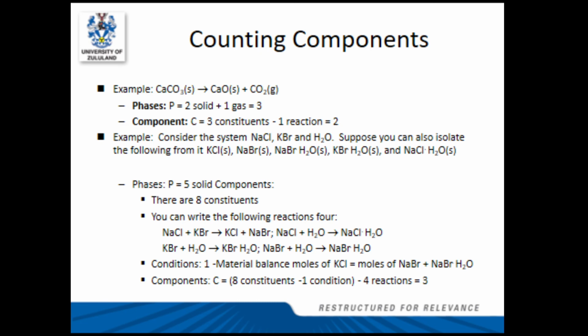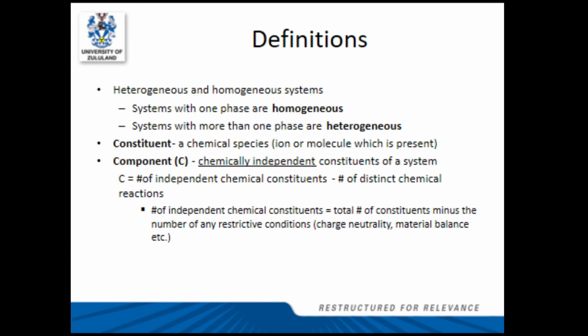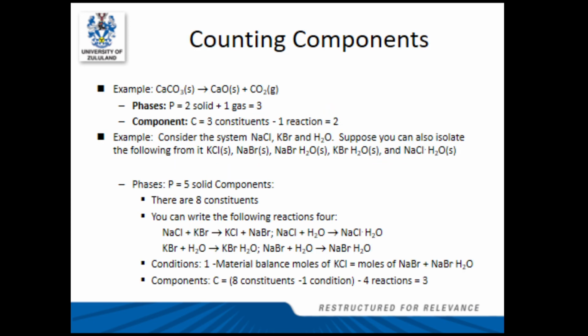let's go back a little to the previous equation. Remember that the equation was the number of independent chemical constituents minus the number of distinct chemical reactions. As you can see from these reactions, the number of constituents in this case is equal to 8, and the number of reactions is equal to 4.